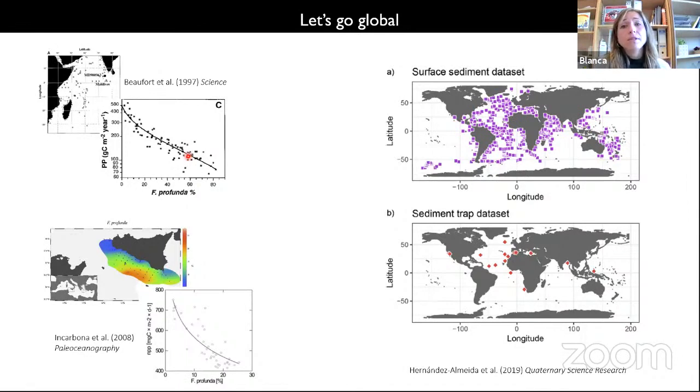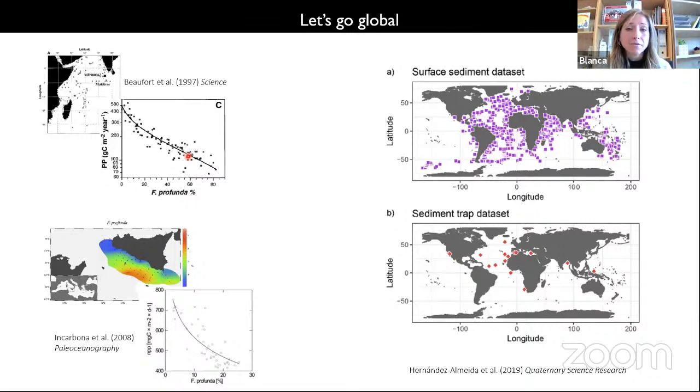So we wanted to go global, and we had different aims. The first one was to delimit the current biogeographical distribution of Florisphaera profunda in all the oceans. We also wanted to assess the robustness of Florisphaera profunda relative abundance and net primary productivity relationships across different oceans or regions. And finally, we wanted to develop a calibration model that allows a quantification at the global scale of net primary productivity changes.